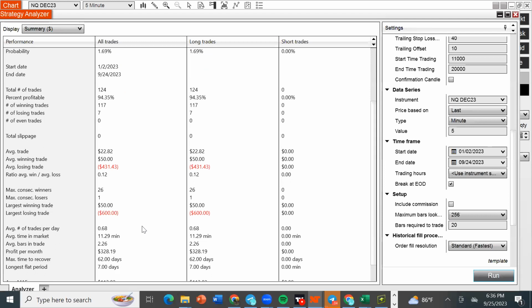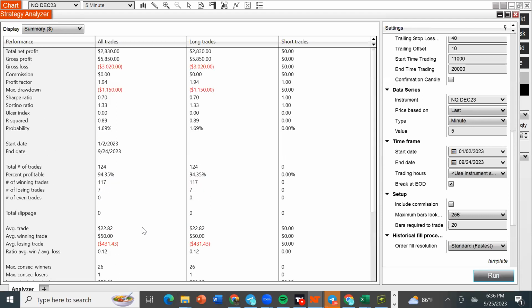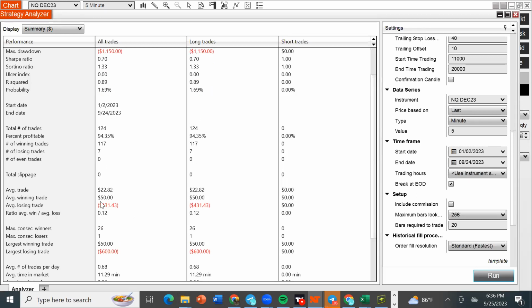Which, with normal candles, is a huge success rate. Even if you don't hit a trailing stop loss, the most you are losing is $431, largest losing is 600, and maximum consecutive losers is only one. It is not directly 2 or 3 days hitting the stop loss.